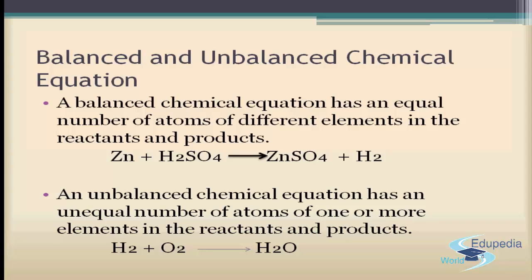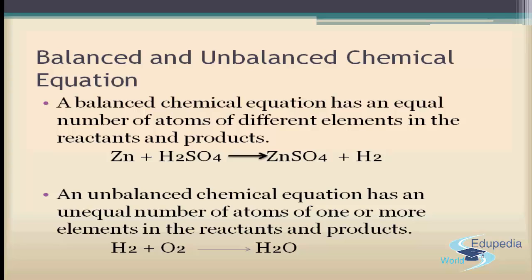What do you mean by balanced chemical equation? I'll define. The balanced chemical equation has an equal number of atoms of different elements in the reactant and the product. Or I can say that the balanced equation has an equal number of atoms of different elements on both sides.